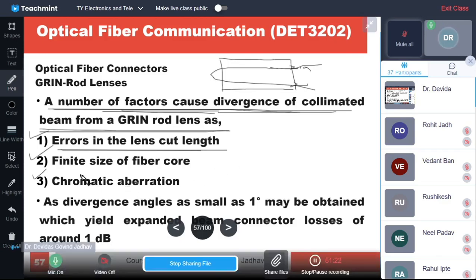Second, the finite size of the fiber core. Fiber cores have a finite, very small size. And chromatic aberration, an optical phenomenon.